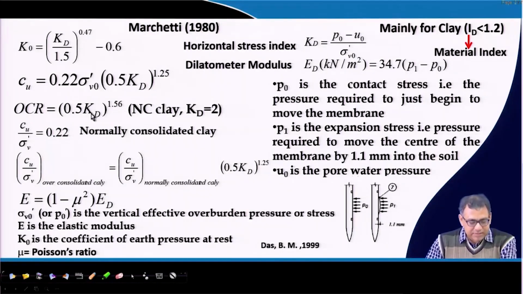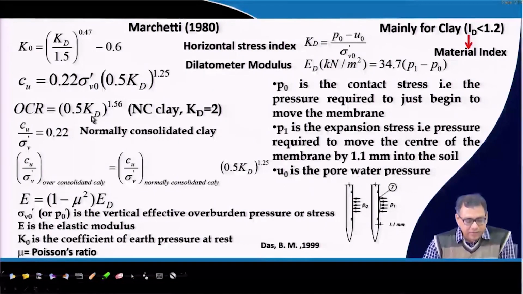So, you can see that for normally consolidated clay, the Kd value is equal to 2. So, if your soil has a Kd value of 2, then we can say this is a normally consolidated soil. And if it is more than 2, then it will be an over consolidated soil. So, for normally consolidated soil, this is the correlation.